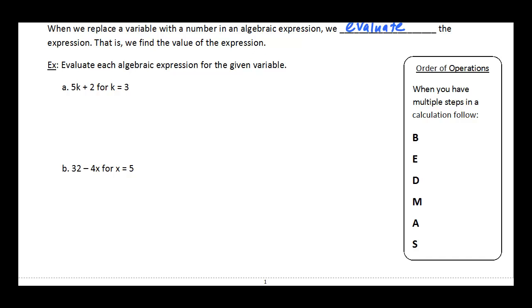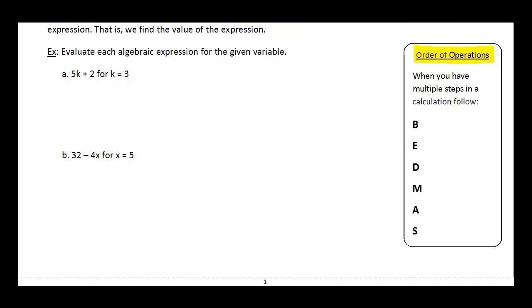Now before we do that though, we have to remember that there's something called our order of operations. When we carry out operations, we have to do it in a particular order. A way to help you remember your order of operations is something called BEDMAS. BEDMAS is going to give us our rules for how we progress through evaluating something.